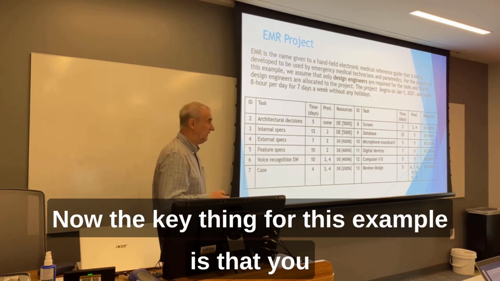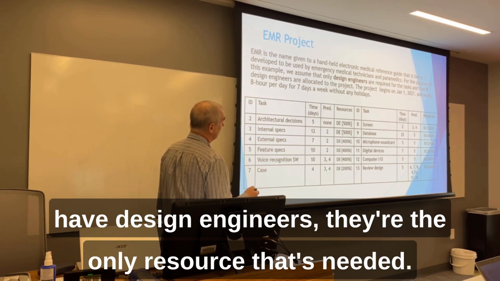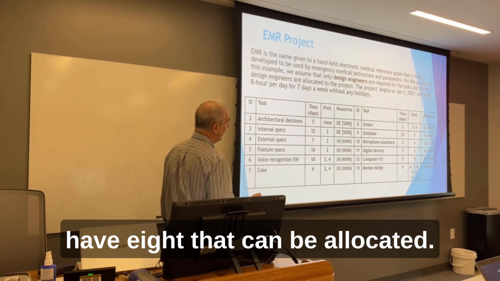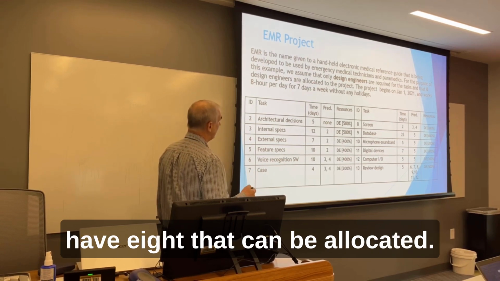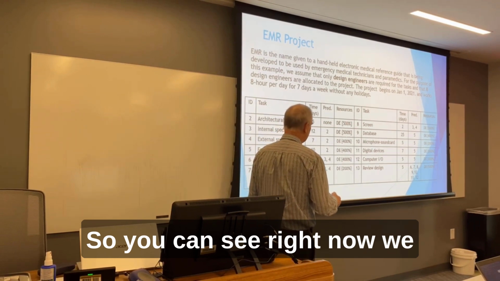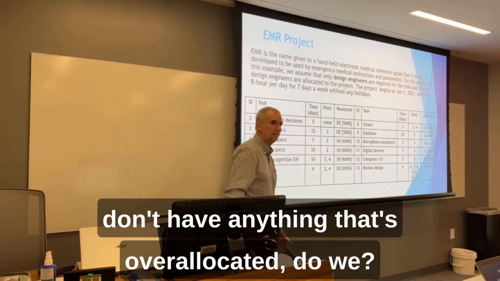Now, the key thing for this example is that you have design engineers. They're the only resource that's needed. And here they are, DE. And you have 8 that can be allocated. So you can see right now, we don't have anything that's over allocated, do we?